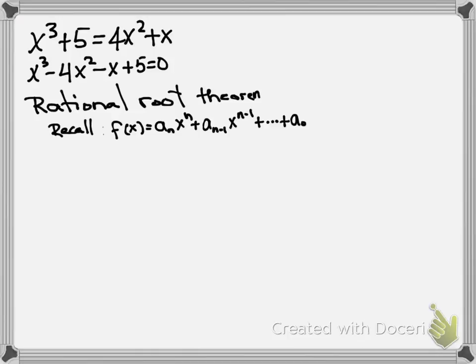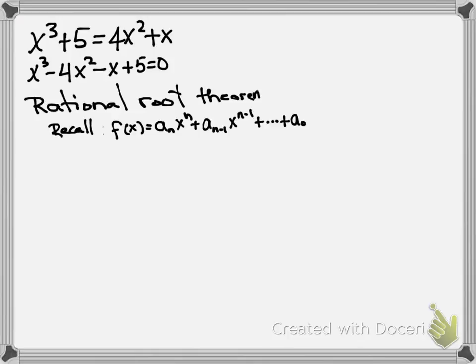The rational root theorem says the possible factors a sub naught over a sub n in its simplest form provide you with a zero of the given polynomial. A sub naught over a sub n in its simplest form.